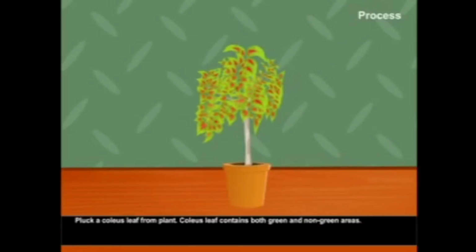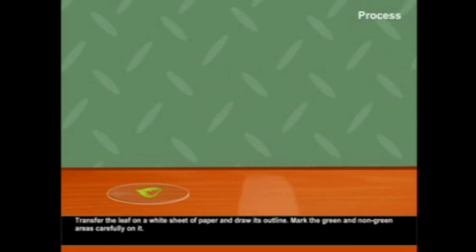Process: pluck a coleus leaf from the plant. The coleus leaf contains both green and non-green areas. Transfer the leaf onto a white sheet of paper and draw its outline. Mark the green and non-green areas carefully on it.